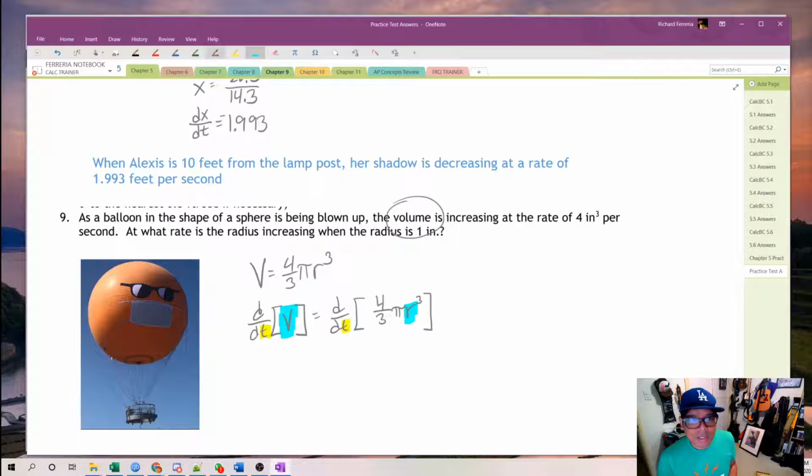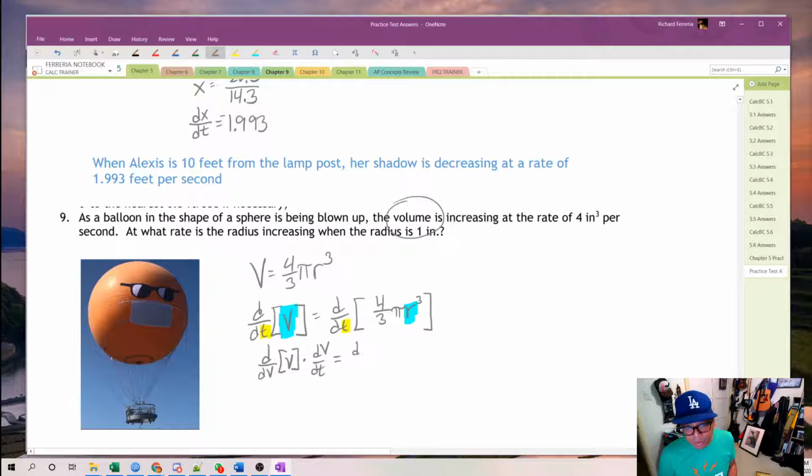This time when I do this, I think I'm going to be kind of slow about the process. So if you take the derivative with respect to v, what I'm going to do is take the derivative of v with respect to v, and then multiply this by dv dt. Okay, that's the chain rule. Same thing on this side.